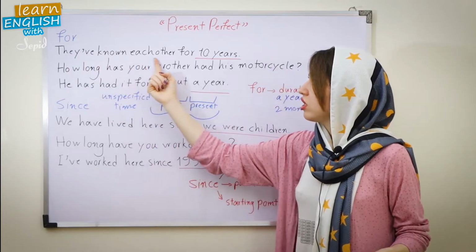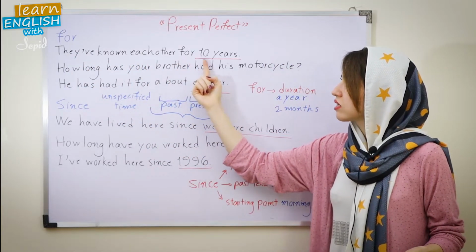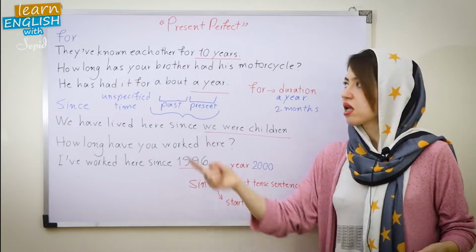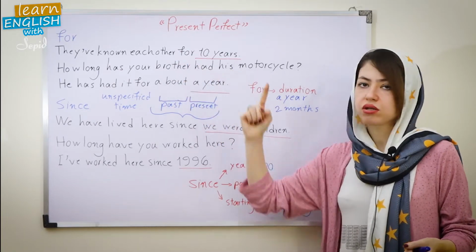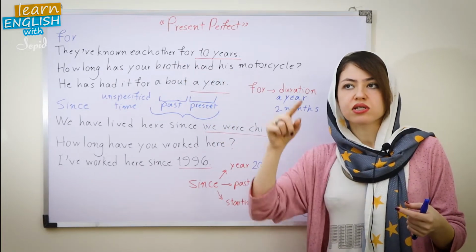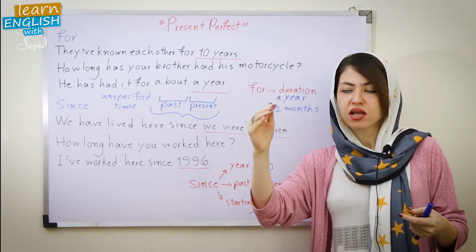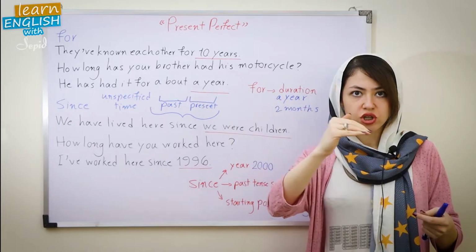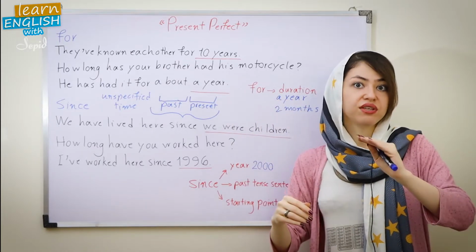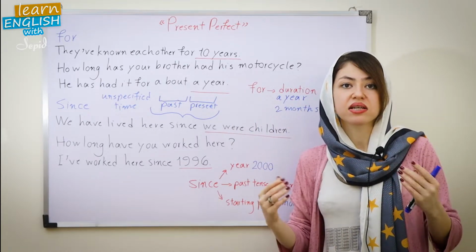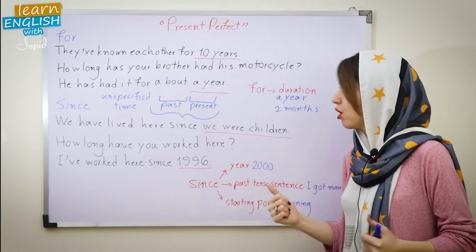They have known each other since 2000 instead of for. Okay, since 2000. It means they started their friendship in 2000 and they have known each other till now, and we don't know when it is gonna finish, okay?